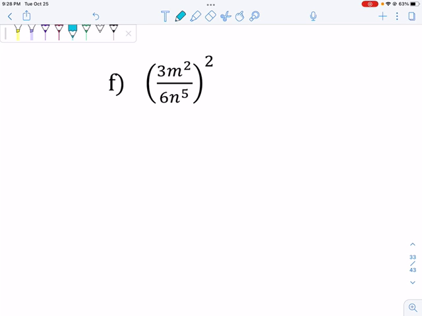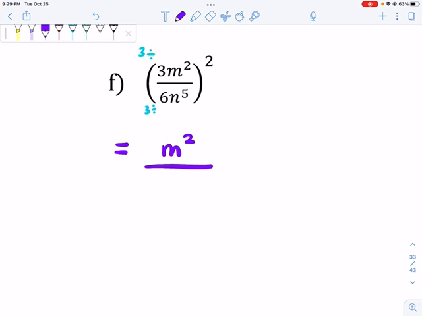So here I have 3 in the numerator, I have 6 in the denominator. Both of these values can be divided by 3. So I'm going to go ahead and do this, and I will end up with 1m squared as my numerator, which I know I don't have to include that 1 as the coefficient there because it's a little bit redundant.